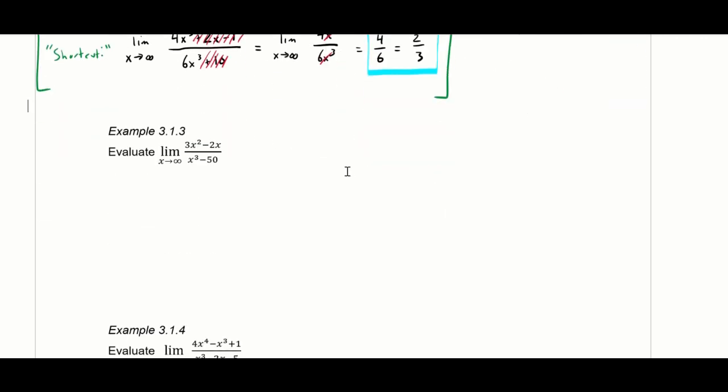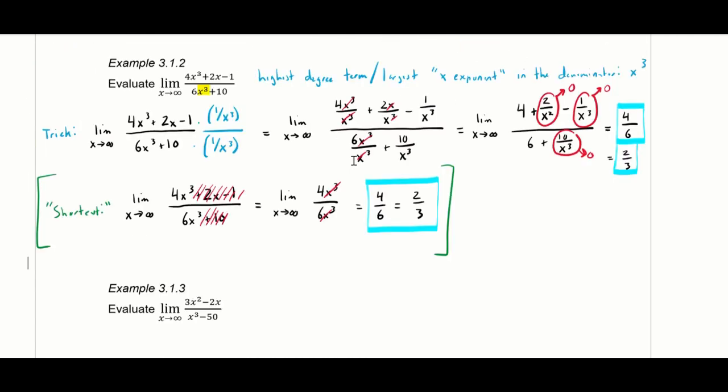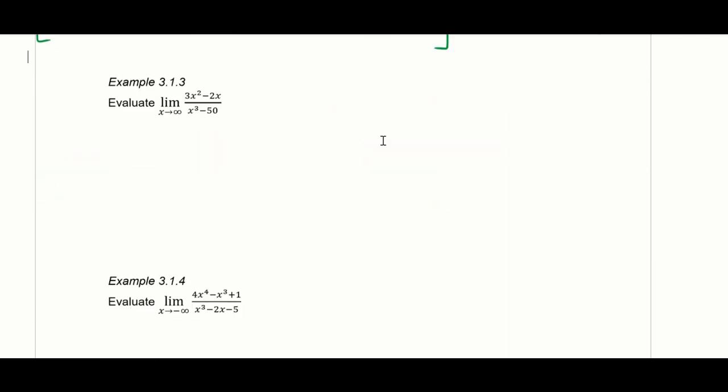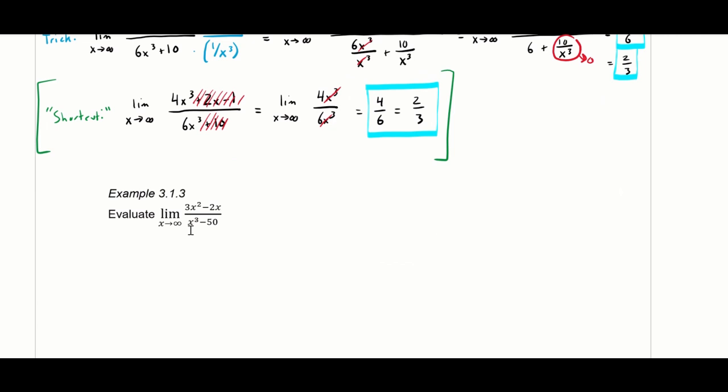Let's look at this next one. So here we're taking the limit as x goes to infinity of 3x squared minus 2x divided by x cubed minus 50. And I'm going to do the same sort of thing. I'm going to try to employ my trick. My highest degree term in the denominator is x cubed.